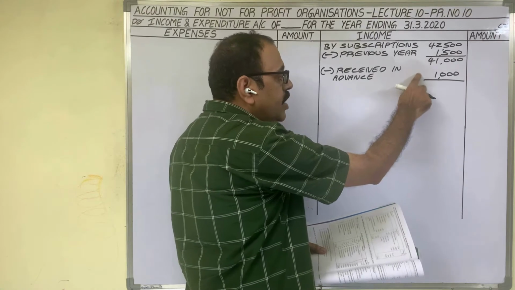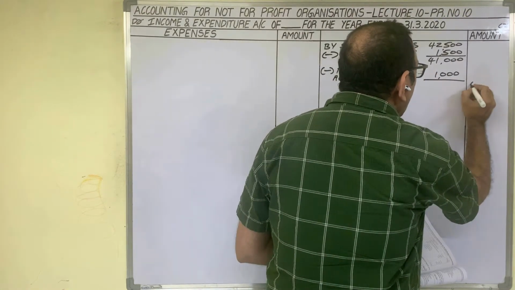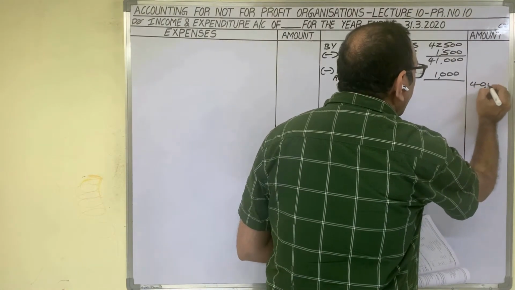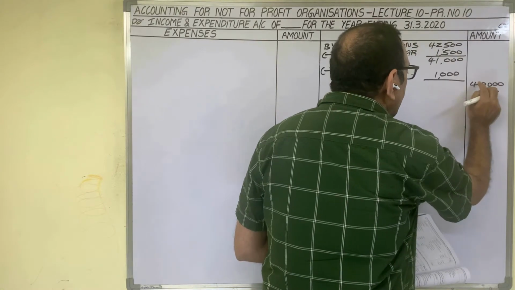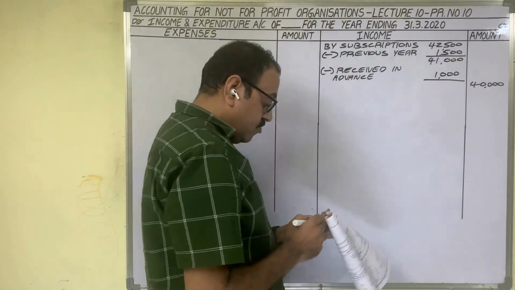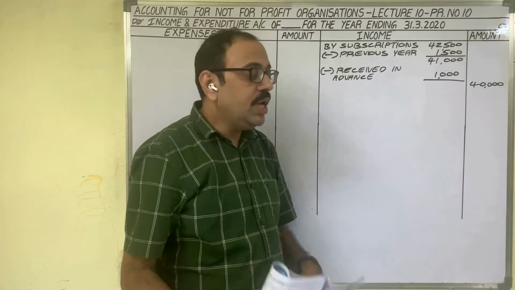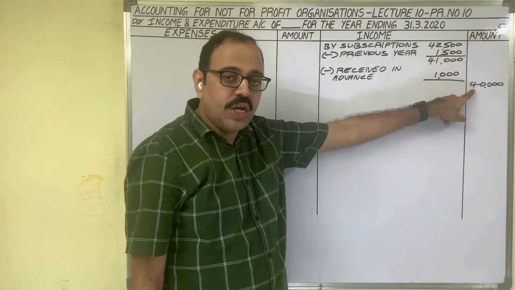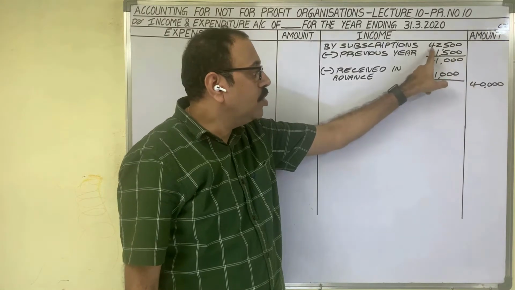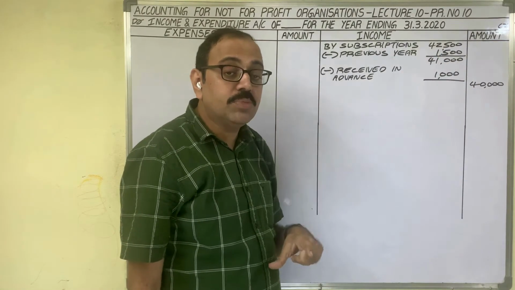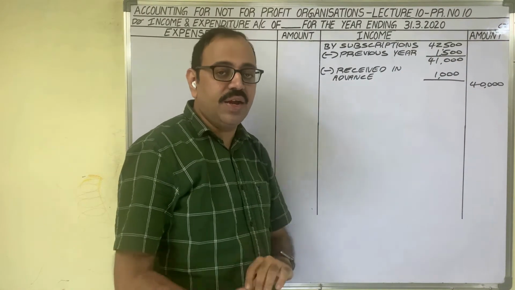We have taken them. Then final amount in outer column we have to write, because there is no further adjustment related with subscription. So 40,000 is current year subscription amount. Only current year income we have to show in this account now. So 42,500 is the total subscription amount which is received in current year.